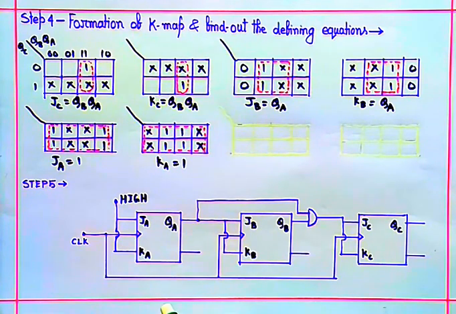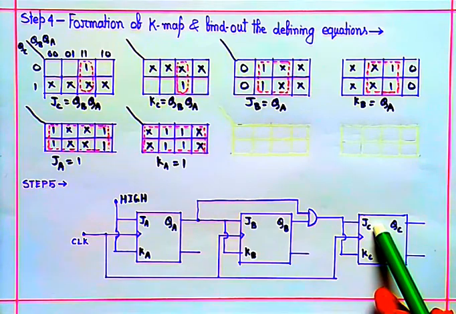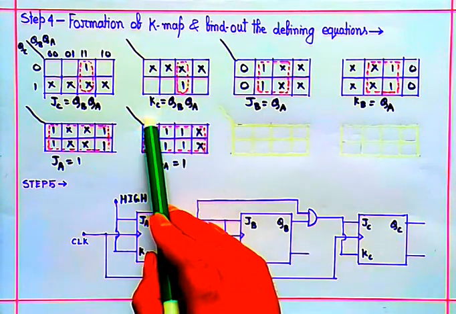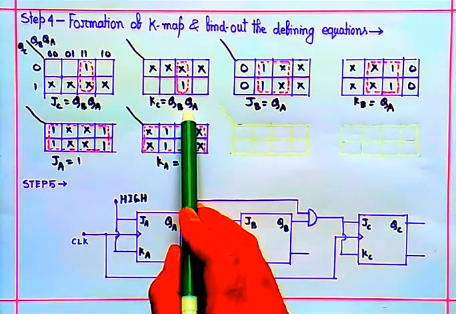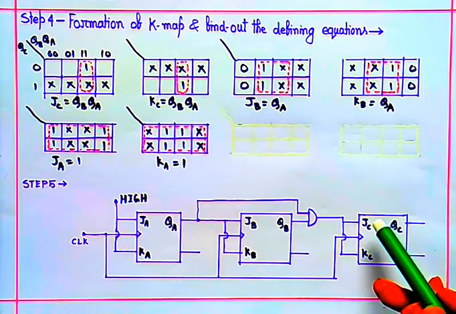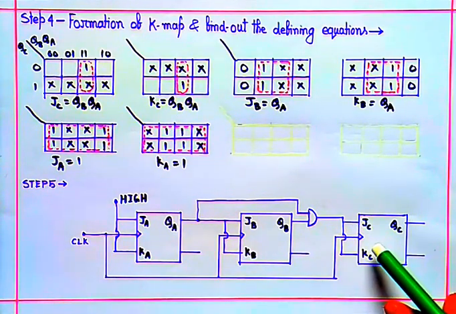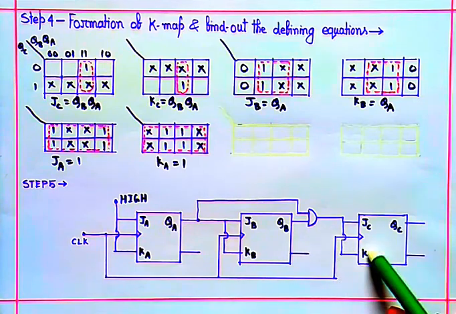So in this way we are getting an input of QB QA to the JC pin. Now you know that KC is also equal to QB into QA. So draw the value of KC, QB into QA, from here.